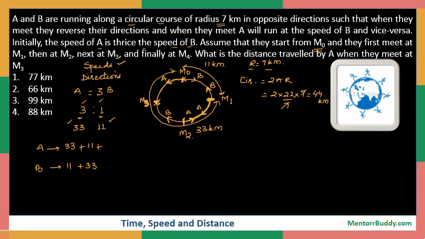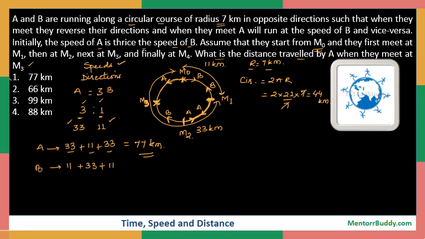And A would definitely be covering 33 kilometers, B would be covering 11 kilometers. So now the question is, what is the distance traveled by A when they meet at M3? Now since this is M3, the distance traveled by A would be 33 plus 11 plus 33, that is 77 kilometers. So therefore when they are meeting at M3, A has traveled 77 kilometers.